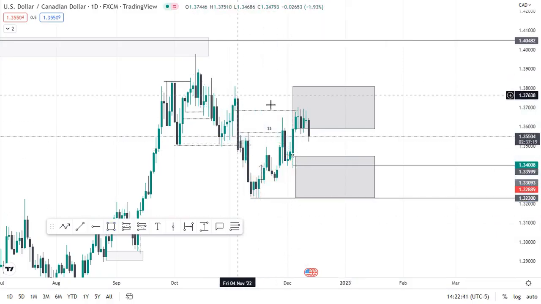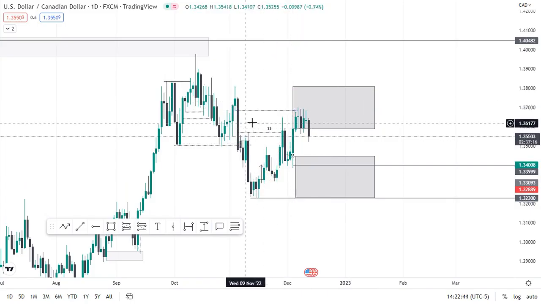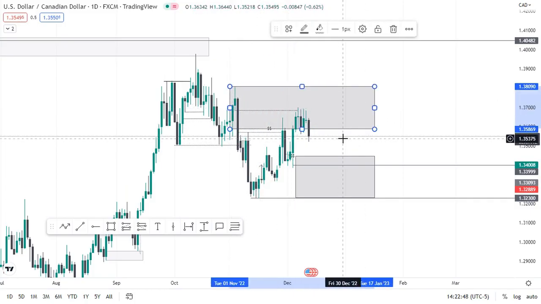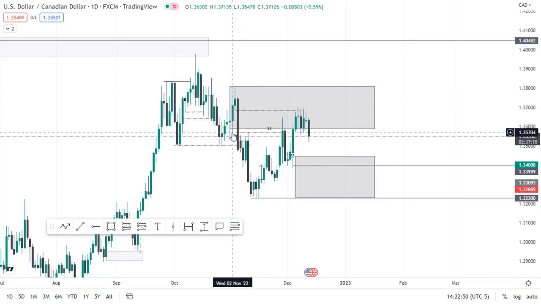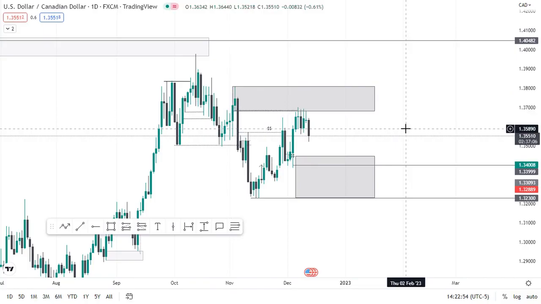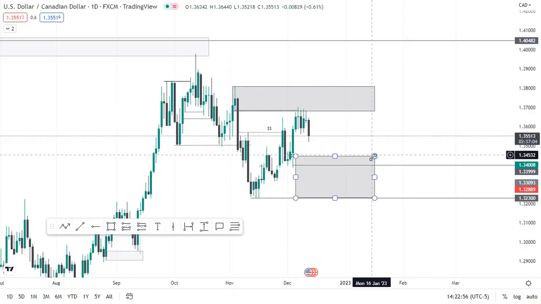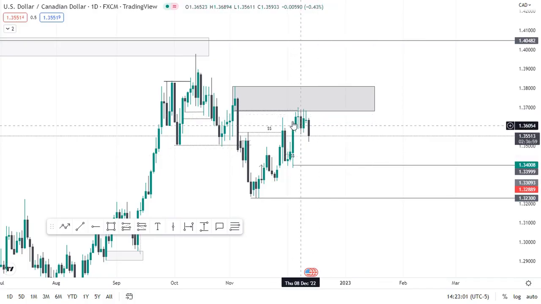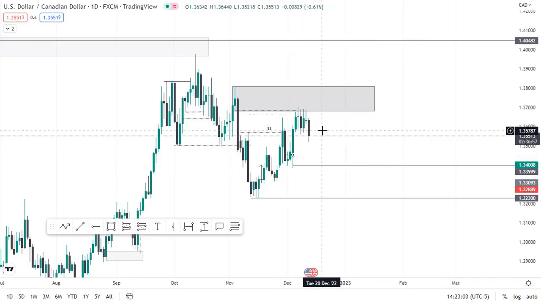So using that simple concept, I was able to refine that this is the zone I want to start selling USD CAD from. And within this zone, I was able to refine USD CAD into this imbalance from the previous video I posted. Since I'm not looking to buy, let me quickly delete this. And as soon as price got in there, this is where other entry criteria then come.